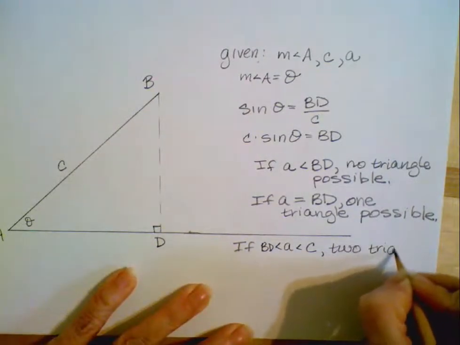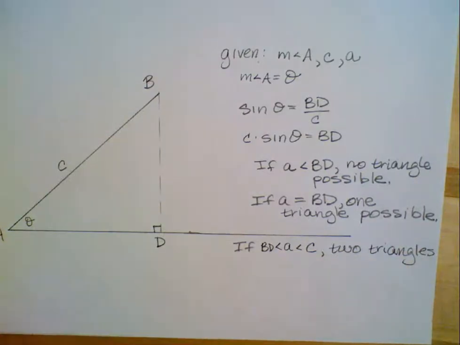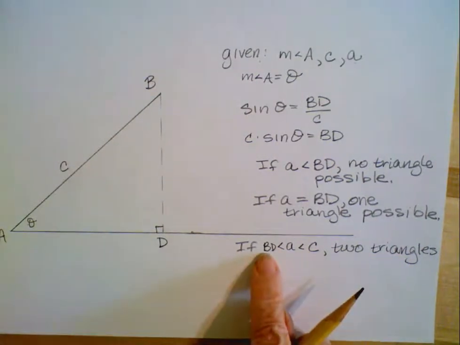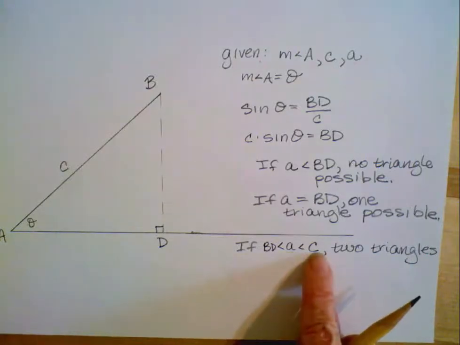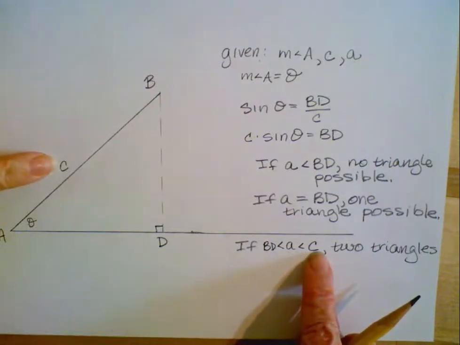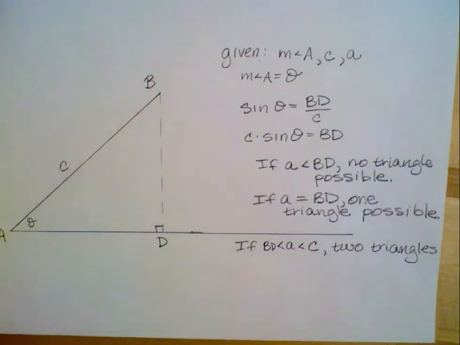Now, in the last example, we looked at a length of 5. The height in the triangle was 4. The side opposite, side A, had a length of 5, and the length of side C was 8. So we had 4, 5, and 8, which is why it produced two triangles.